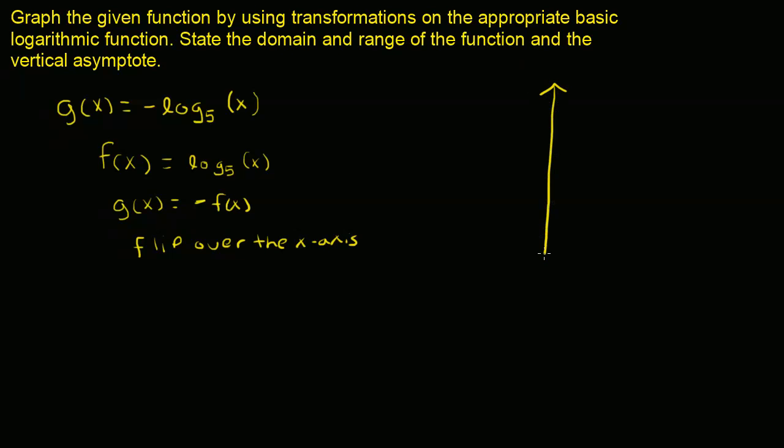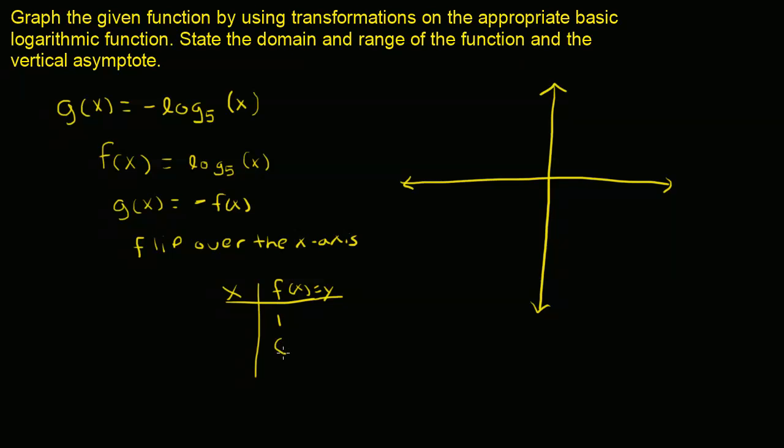So let's start trying to draw this graph of f. This is just going to be a sketch, but there's a few points that we should always try to graph for log functions. So this is y for f of x. A few points you should always try to graph are y equals 1, 0, and negative 1.